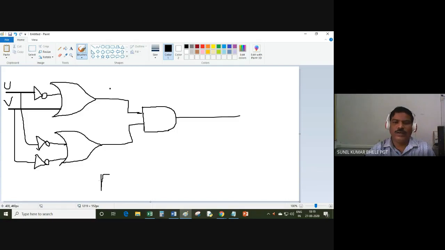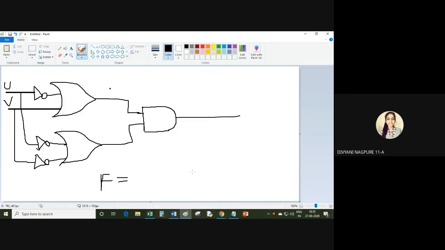So Divyani, can you tell me the equivalent Boolean expression for this logic circuit? Yes, sir. One minute. Okay.